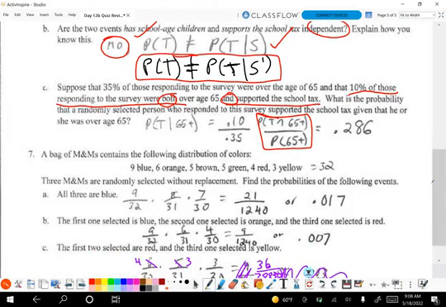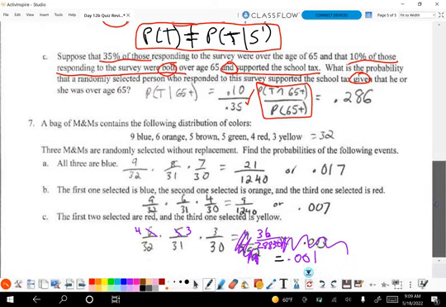That's our numerator. Then it says, what is the probability that the randomly selected person in the survey supported the school tax given that he or she is over 65? Well, I have the probability of being over 65. So our conditional is going to be the intersection over the probability of being over 65, 0.10 over 0.35.